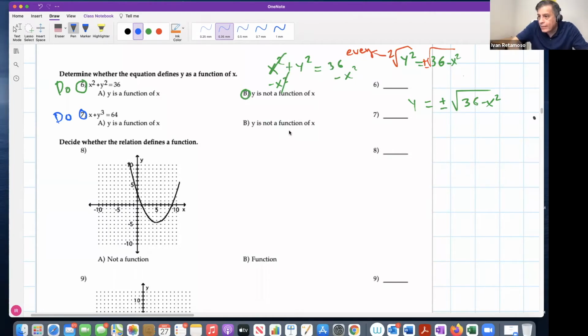I'm going to give you a hint for this guy: 3 is an odd number. Remember what we said for odd numbers. Is that a function or not? Number 7, in blue. I'm going to write the function here: x plus y cubed. Tricky, but doable.